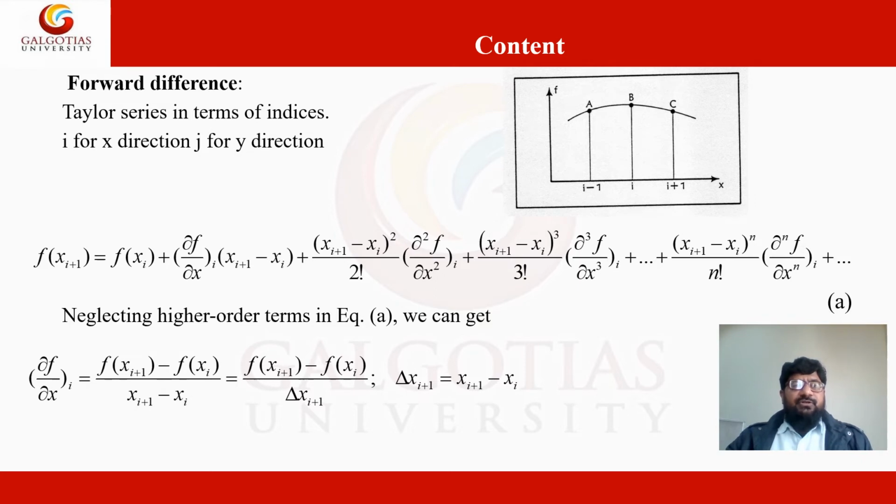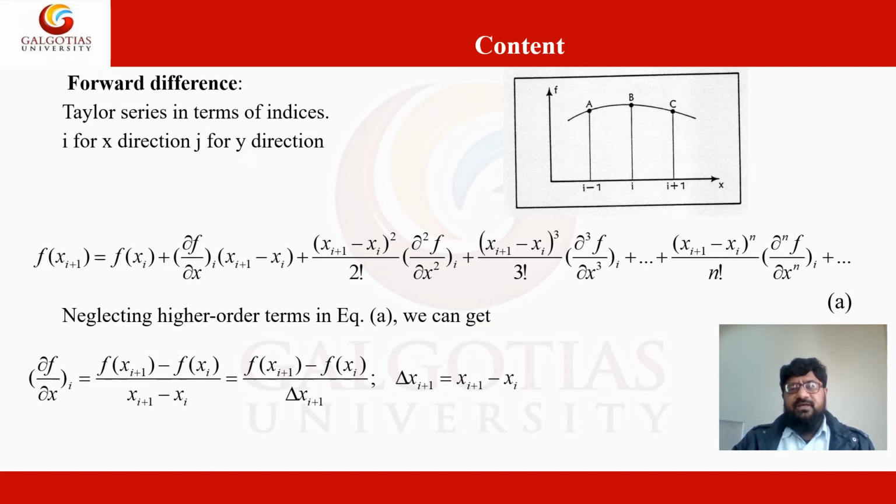Based on the strategy of finite differencing, our strategy can be called forward difference, backward difference, central difference. Now from here we will denote the Taylor series expansion in index terms. I will stand for the x direction and j is the index for the y direction.